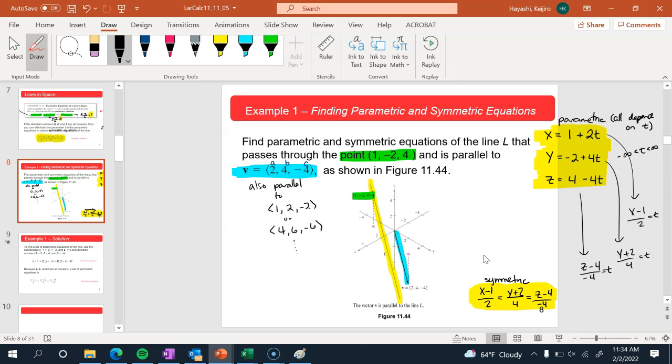Okay. So these are the two ways to describe a line. Honestly speaking, the parametric way of describing a line tends to be better, or easier to work with.